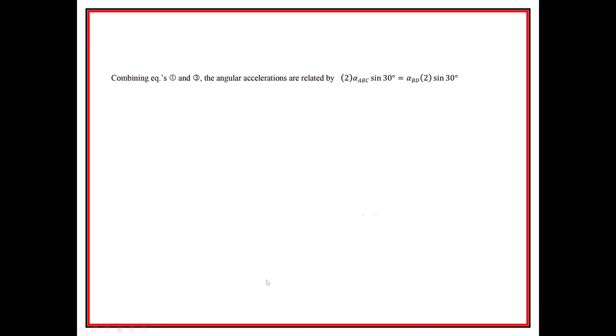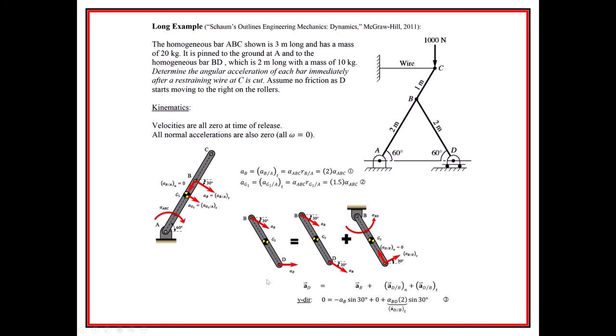So we can combine equations 1 and 3, this one right here and this one. So now we just have a relationship between the alphas, alpha ABC and alpha BD. And based on what's written here, they must be the same thing, because they're kind of symmetric.